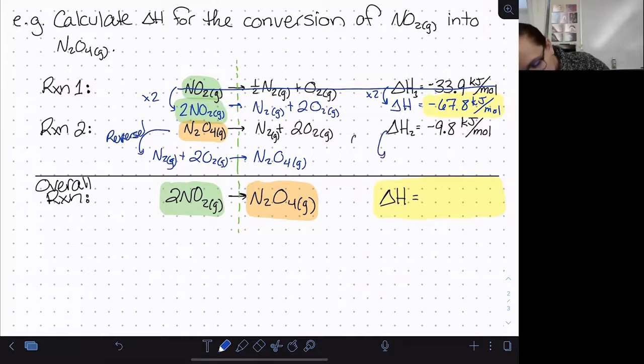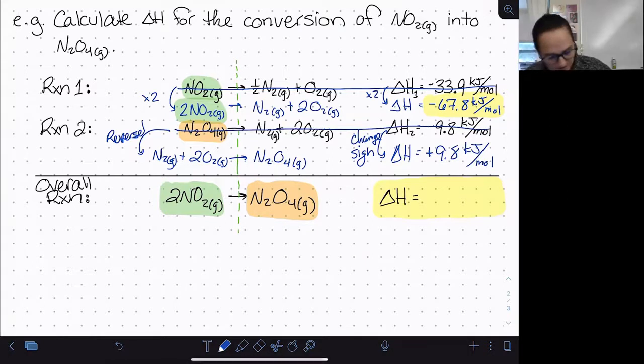And I just need to change the sign on my delta H. So this will become positive 9.8 kilojoules per mole. Original version of the reaction, not helpful. The revised version puts N2O4 where I need it. So the revised delta H is the one that I'm going to use.